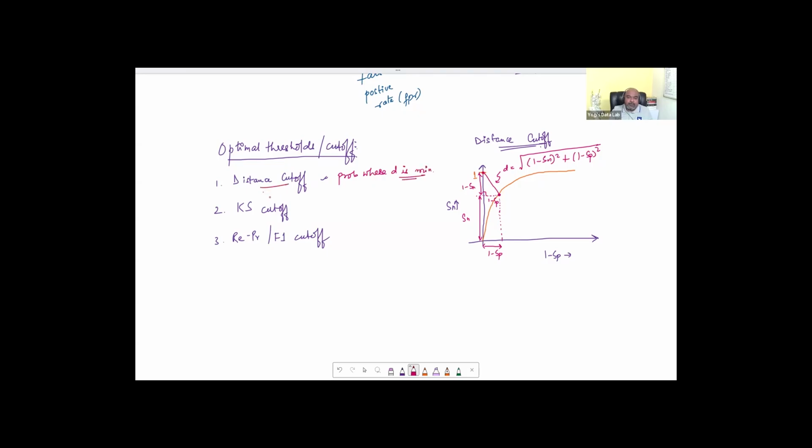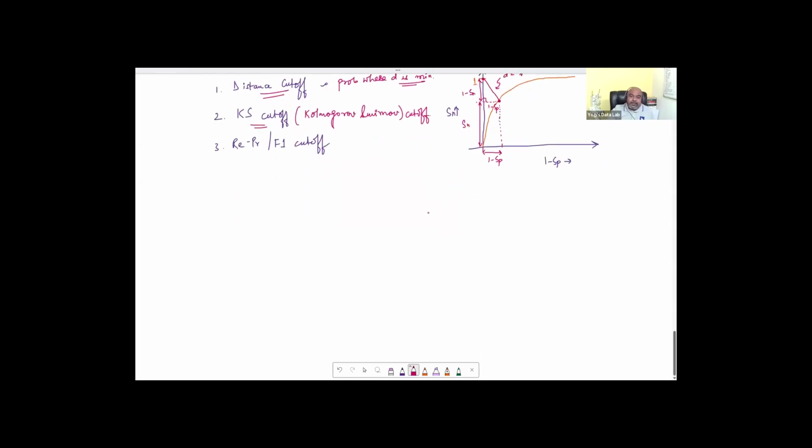So the probability where d is minimum is the distance cutoff. Now the other thing is KS cutoff. KS stands for Kolmogorov-Smirnov cutoff. The principle of KS cutoff is that zeros and ones should have maximum separation.